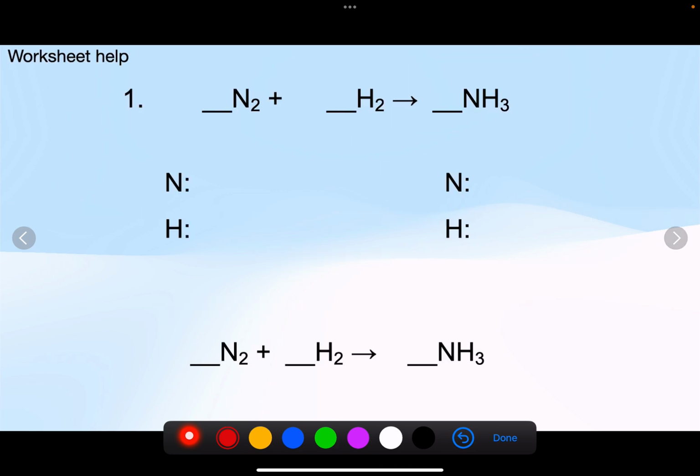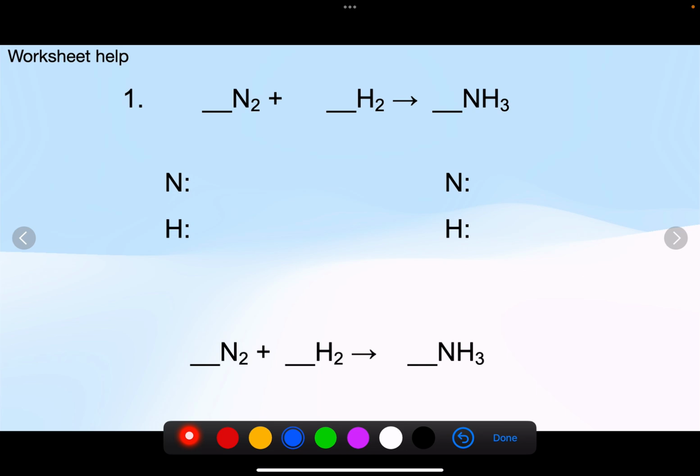So grab the worksheet that Jim gave you, and I'm going to help you with 3 of the problems just to get you into the flow of it and give you a few pointers. So first one's pretty simple. You have nitrogen gas plus hydrogen gas makes ammonia gas, okay? You can keep track of your atoms and amounts in a little chart, or you can just write it under the formula. I don't care. I'll demonstrate both.